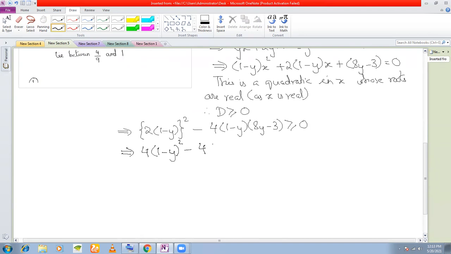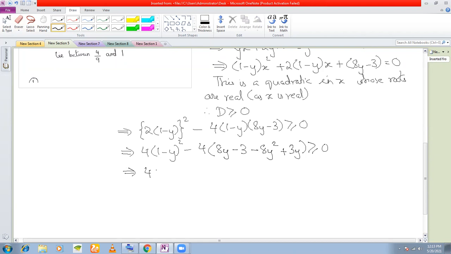You multiply all this. How much will you get? You'll get minus 3. You'll get 8y minus 3 minus 8y square plus 3y greater than or equal to 0.